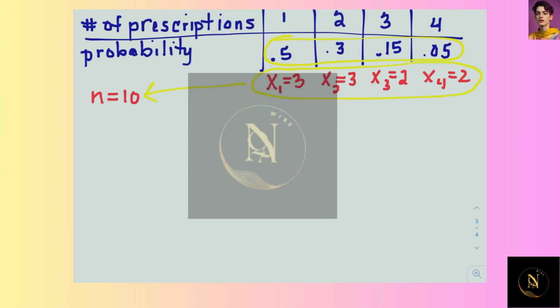So we are going to need the multinomial probability formula, which reads P of X equals n factorial over, and in this case, there are 4 events, so we're going to have X sub 1 factorial multiplied by X sub 2 factorial multiplied by X sub 3 factorial multiplied by X sub 4 factorial.